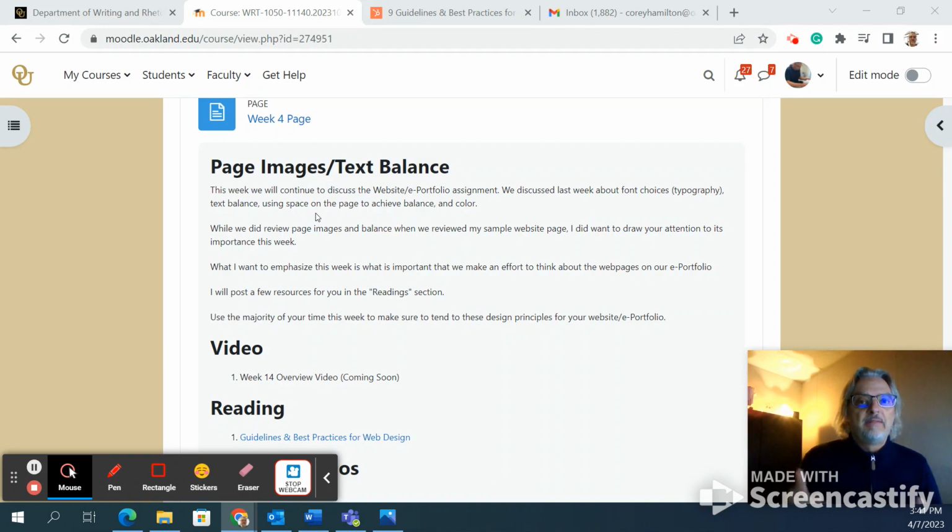And finding that level of balance where it's not all text and not just a string of images with a word or two. So feel free to use mine as an example to think about balance.